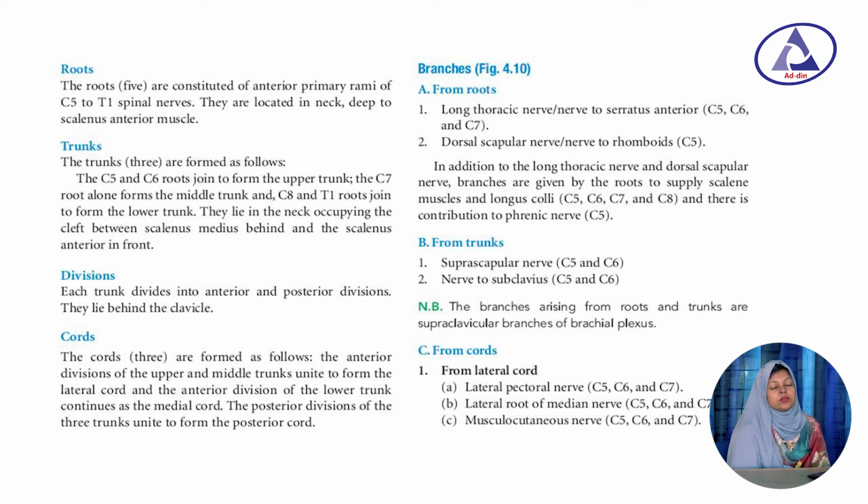The lateral cord is formed by the anterior divisions of the upper and middle trunks, the medial cord by the anterior division of the lower trunk, and the posterior cord by the union of the posterior divisions of all 3 trunks.